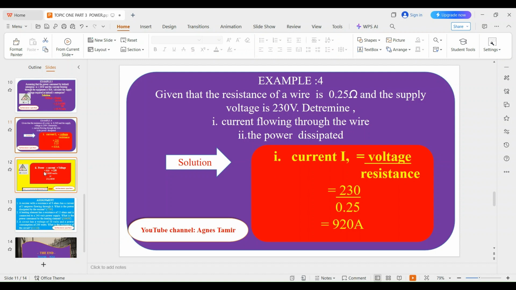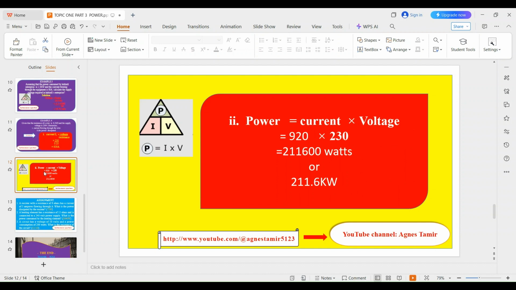So let's look at part 2, whereby we are going to solve for power dissipated in that particular circuit. We know that power is given by current multiplied by voltage. We have seen our current was 920 amperes and our voltage was 230.